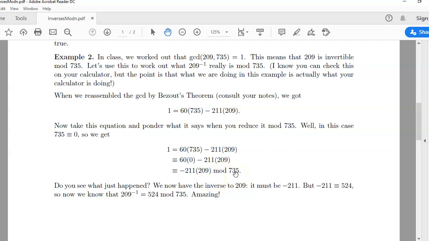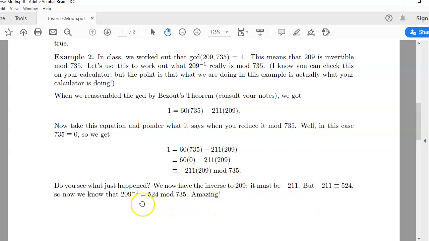Well, that is exactly the definition of 209 being invertible. There must be somebody else. In this case, what we have just learned is that negative 211 is that somebody else: when you multiply it times 209, you get 1. And we just found out who it is. It is negative 211. Now what we should do is reduce this mod 735, because I want an answer from 0 to 734. So when I take negative 211 and reduce it, I get 524.